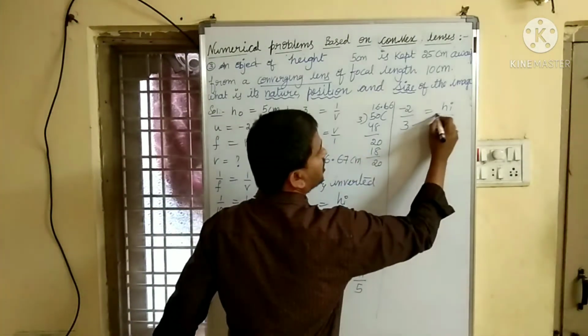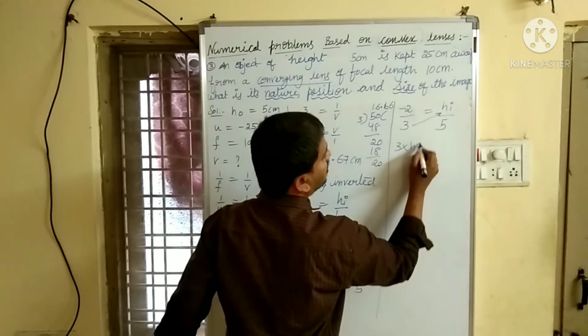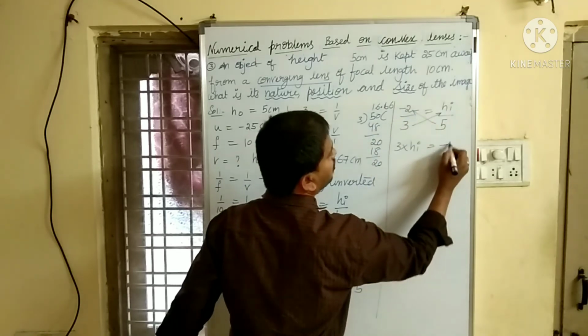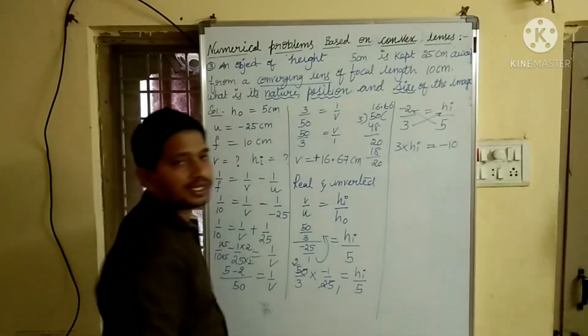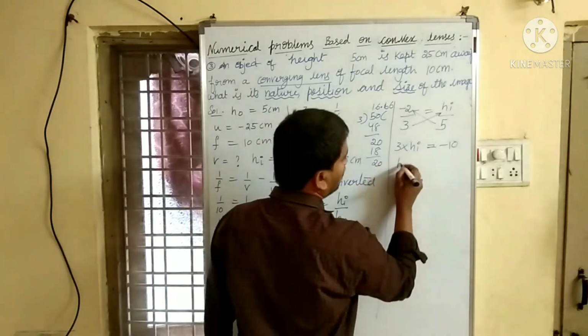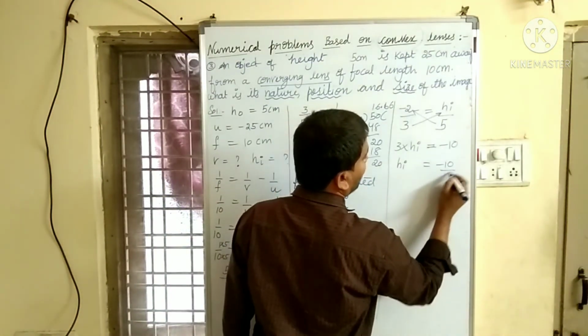Cross multiplication: 3 into hi is equal to 5 into minus 2, which is minus 10. So hi equal to minus 10 by 3.